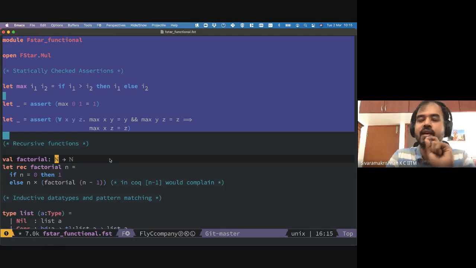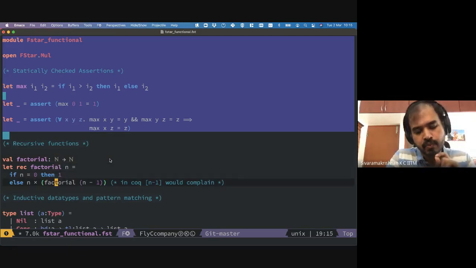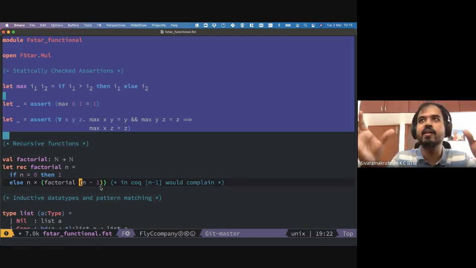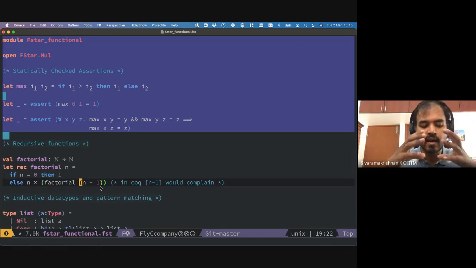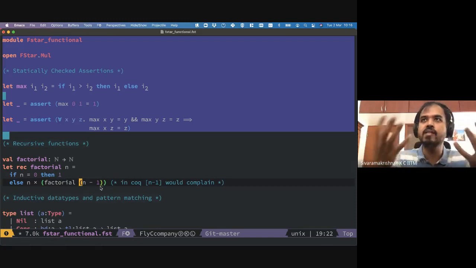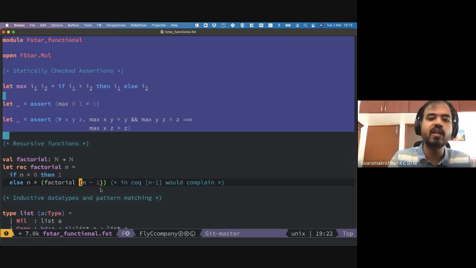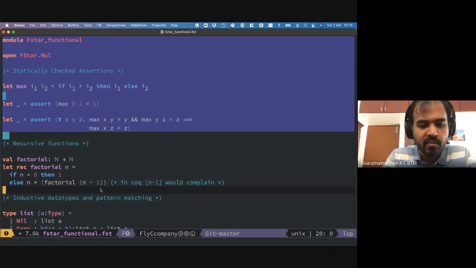The other thing that is non-obvious is that in Coq, when we tried to write this function or a similar function, Coq complained that n minus 1 is not a subterm of n, because Coq was doing syntactic reasoning on the size of the terms. It saw n minus 1 and said, okay, that is actually bigger, it has more terms than n, so I'm not going to let it go through. But here, F star actually makes this go through.